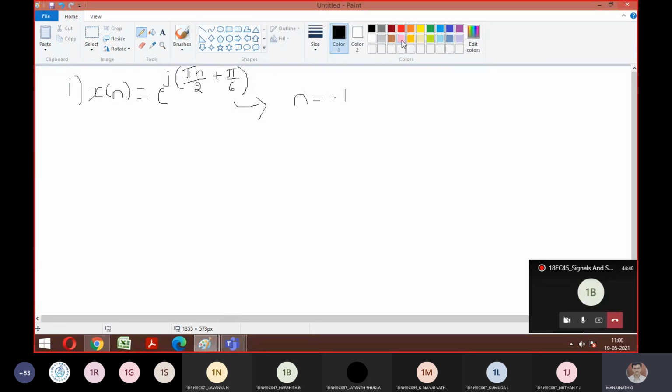So in that category, stick to the basics of the exponential using trigonometric logic. I hope everyone remembers the formula for e power j theta. Is the given question like e power j theta, yes or no? So what is the formula for e power j theta?